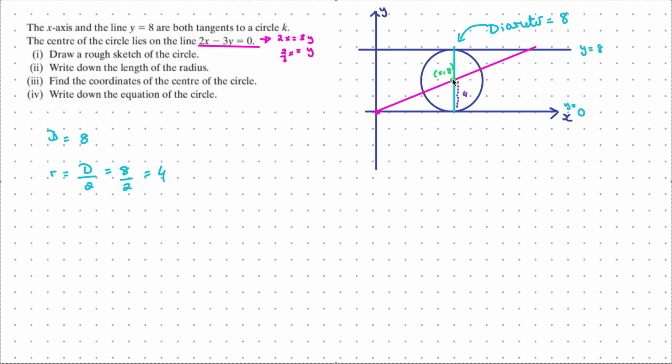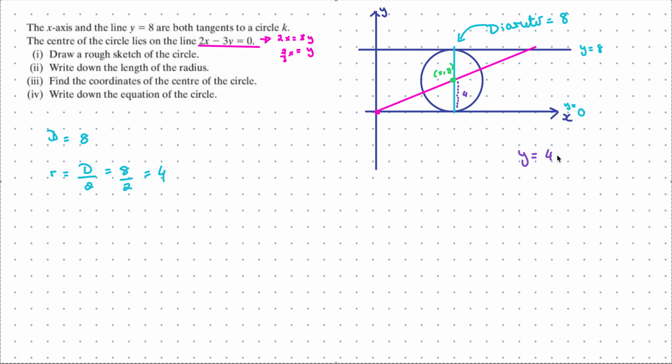Because the y coordinate describes how far up from the x-axis you've come. So the distance up there is equal to 4, then y is equal to 4. So I know straight away that my y coordinate is equal to 4, because the y describes how far up from the x-axis you've come.